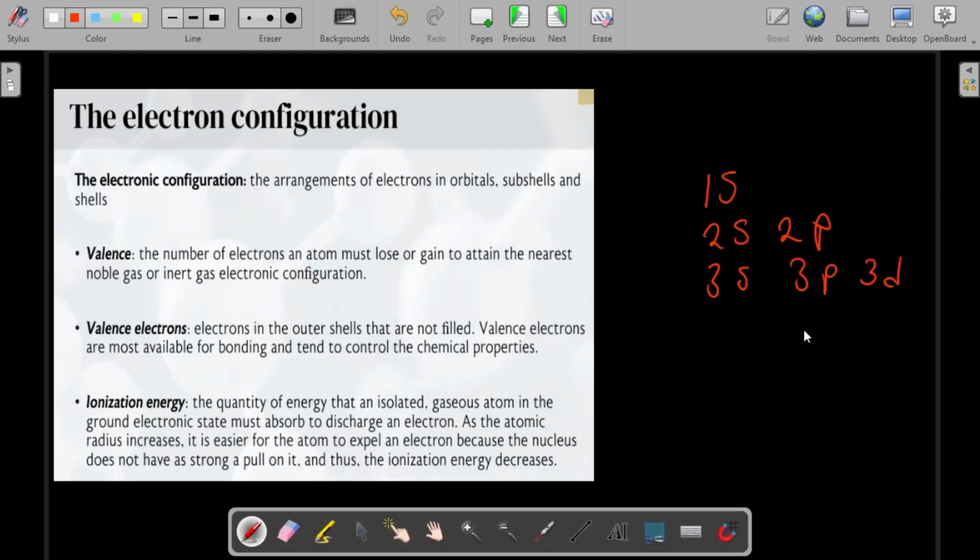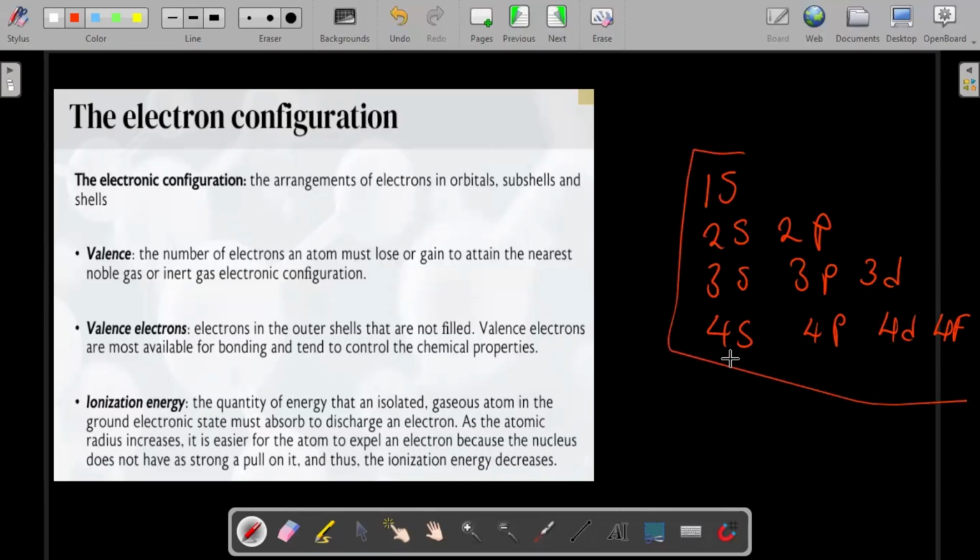From the 3d, you go to the 4s, then the 4p, the 4d, and the 4f. That's how we move in terms of the energy levels, from the lowest to the highest.